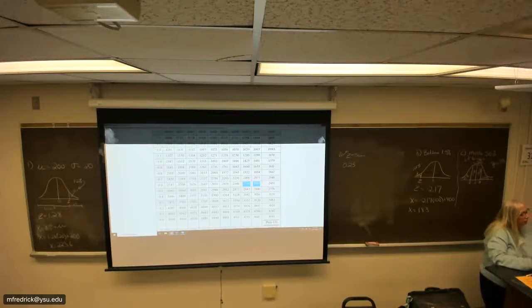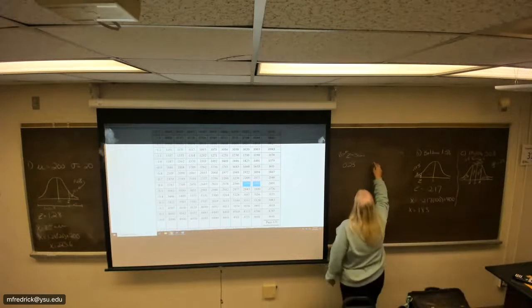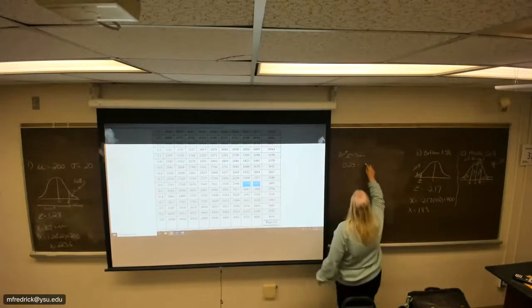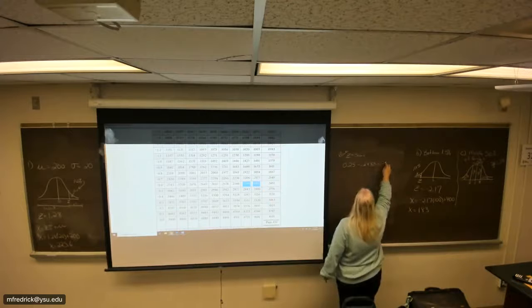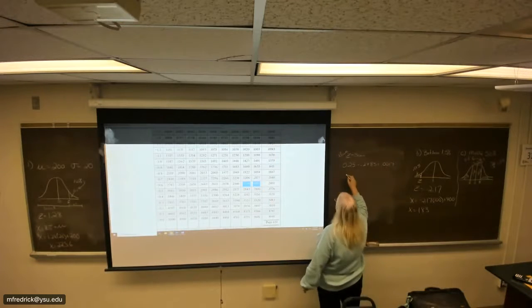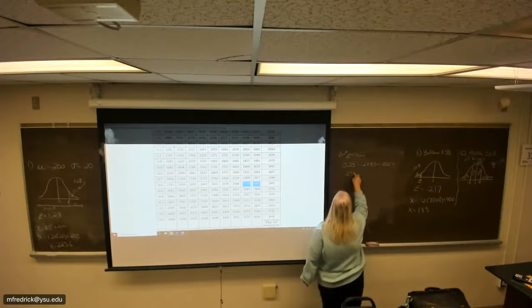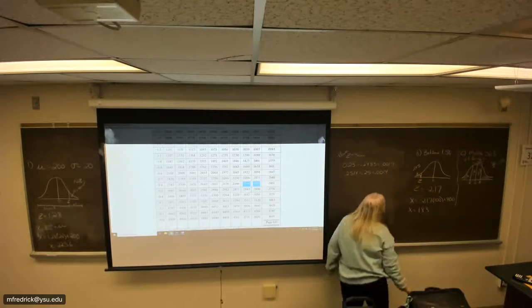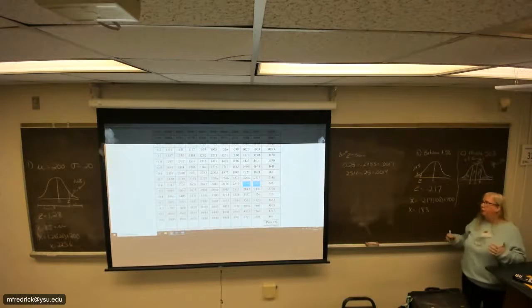So is it closer to the 0.2514 or the 0.2483? If you take this and subtract it from the 0.25, you can just subtract your value to find out which one it's closer to.